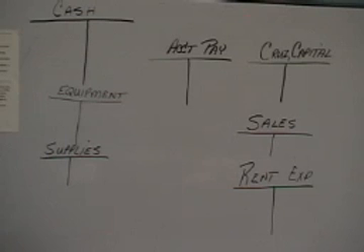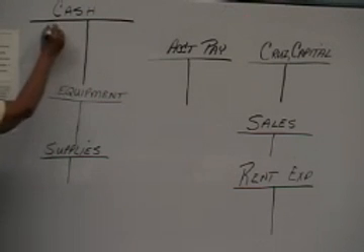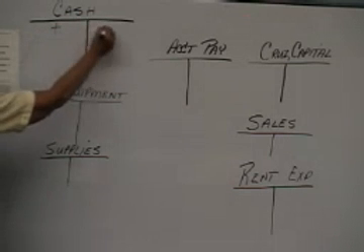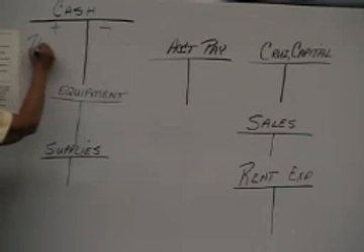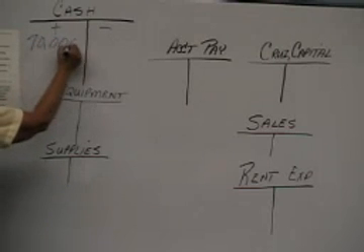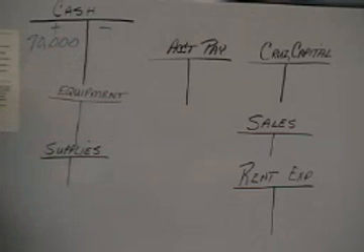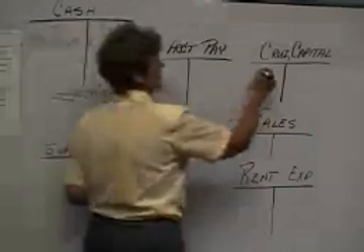If you look at the cash account, you need to determine whether the cash account is going to be increased or decreased. We are increasing our cash account by $70,000, so we're going to enter the $70,000 on the debit side of cash. The owner's capital account is also being increased.